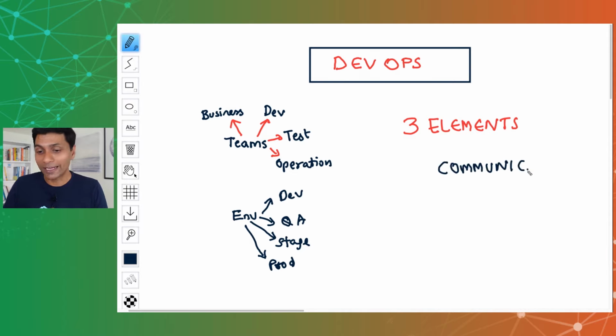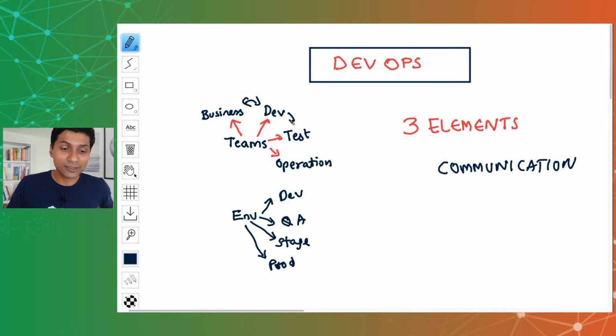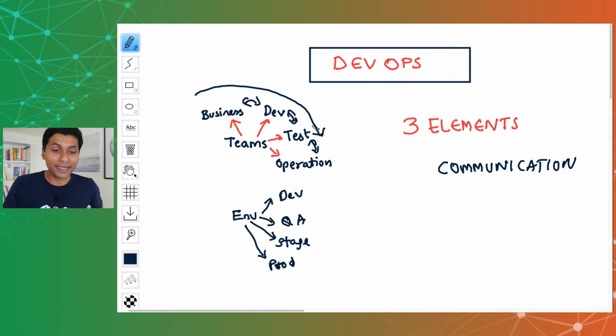We talked about the fact that there are multiple teams which are involved, and communication between these teams is really important when it comes to building great software. Earlier with Agile, what we tried to do was to build the entire business, dev, and test team together, and we called it an Agile team or a Scrum team. And these teams worked in iterations to build software. This helped in improving the communication within the team.